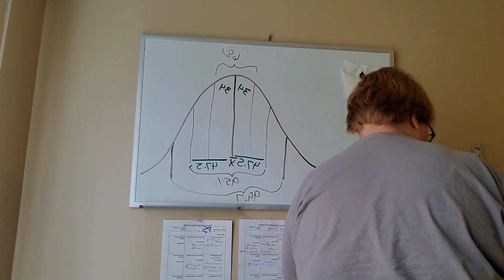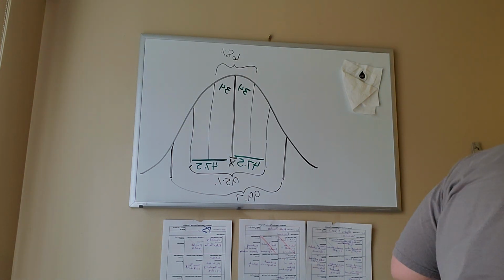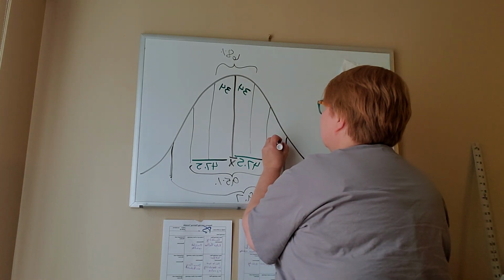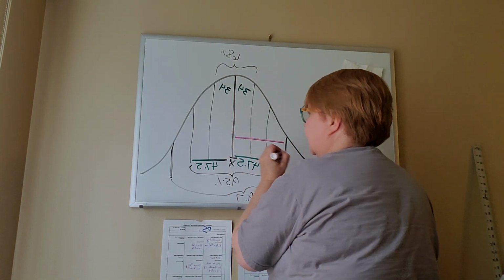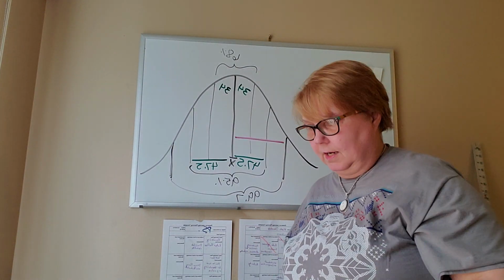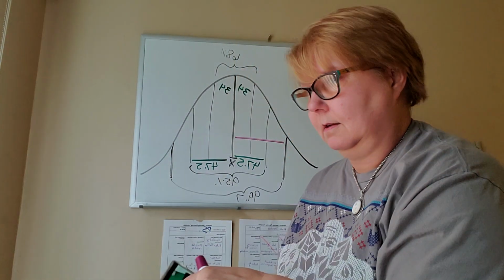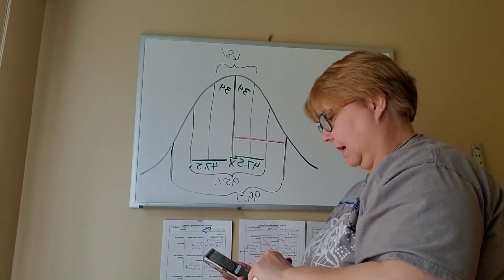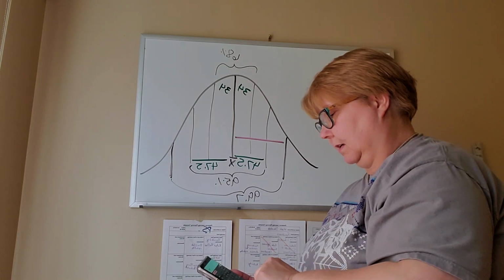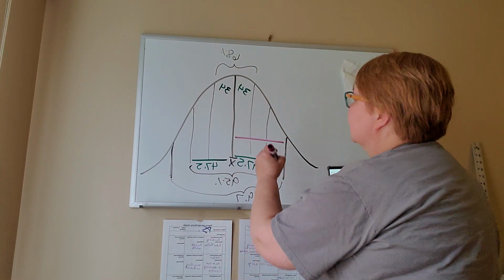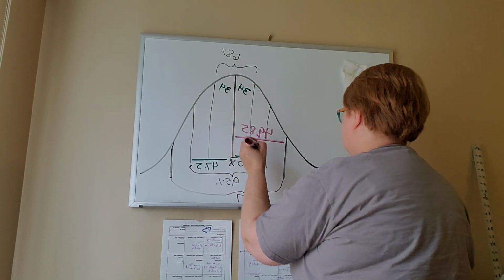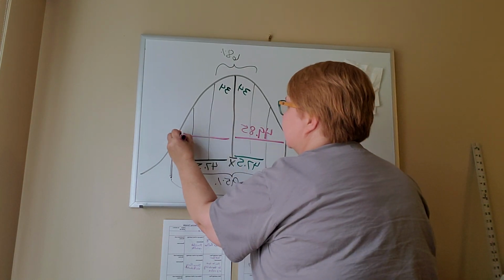From the mean to here is half of 99.7, and I don't know those off the top of my head, so I will compute that. 99.7 divided by 2 is 49.85. And the other part over here is 49.85.